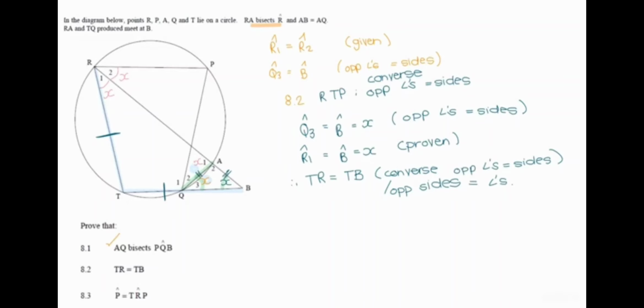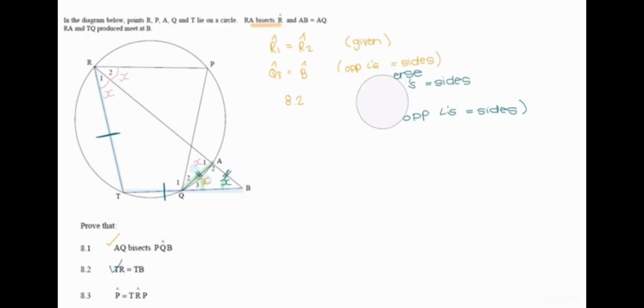Okay, so now we're going to deal with angle P equaling TRP. Okay, so let's quickly erase that. We're now going to be dealing with 8.3. They are asking for angle P to be the same as TRP.